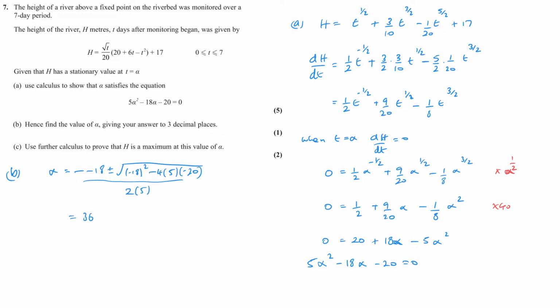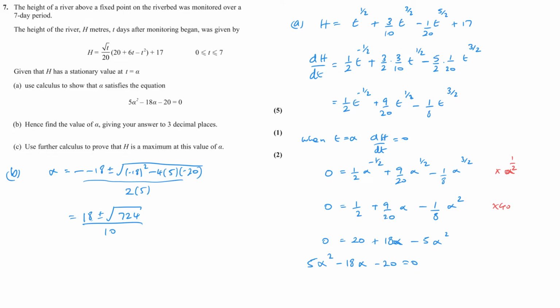So it's 36 plus or minus, now 18 squared is 324 plus 4 times 5 times 20, so 724, over 10. Oh, don't know why I wrote 36 there.